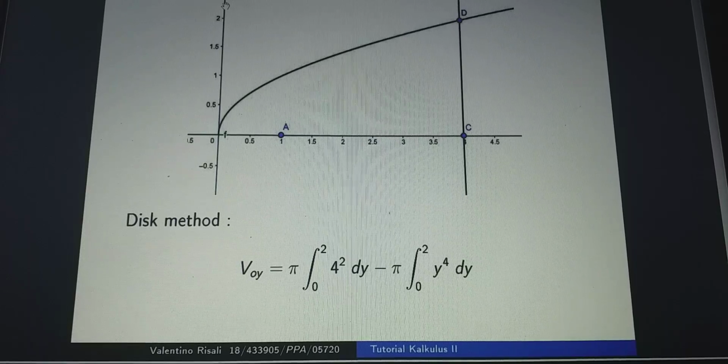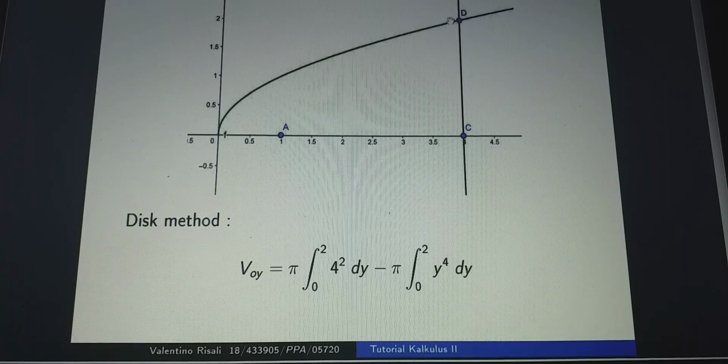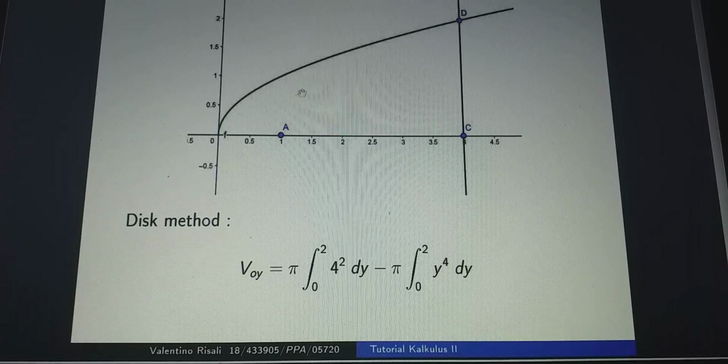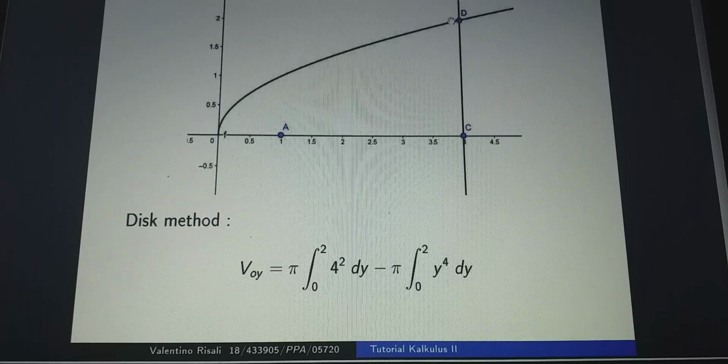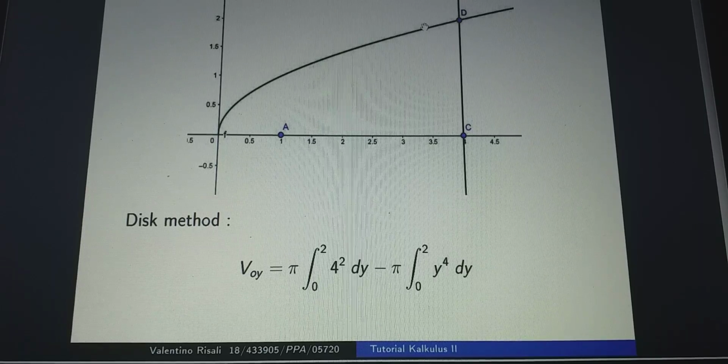So if we use this method directly, we will have the volume of this region revolved about the y-axis, and this is not our goal. The goal is to find the volume of this region revolved about the y-axis.